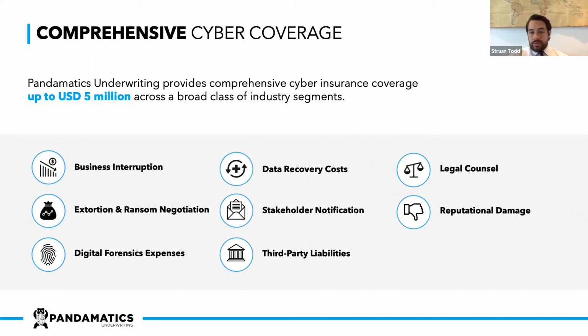It offers business interruption coverage, extortion and ransomware negotiation costs, any costs relevant to the cyber breach response panel that we have, which includes digital forensics, legal counsel, PR consultancy to minimize any reputational damage. And then these other central factors: the data recovery costs, stakeholder notification, and third-party liabilities.